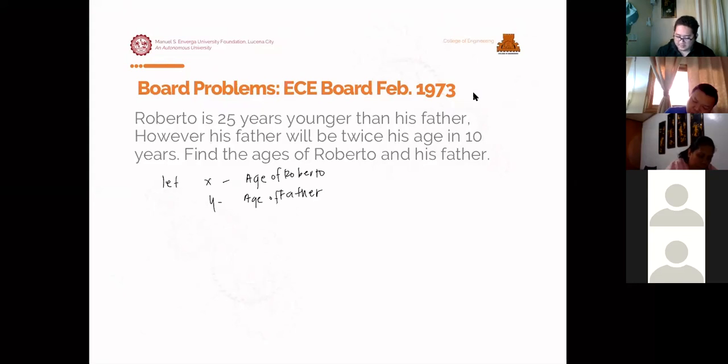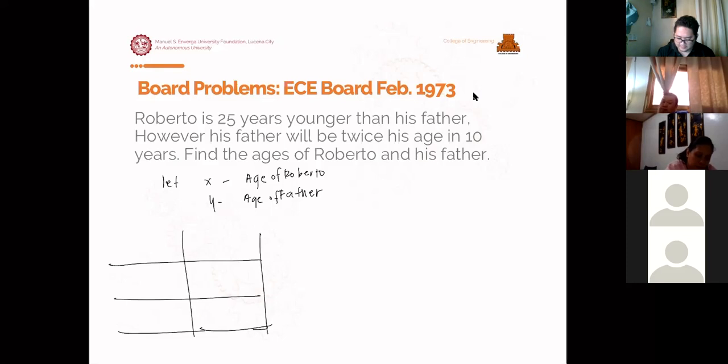Okay? So, based sa table, future tsaka present yung pinag-uusapan natin, no? So, si X, si Roberto, si Y yung father niya.